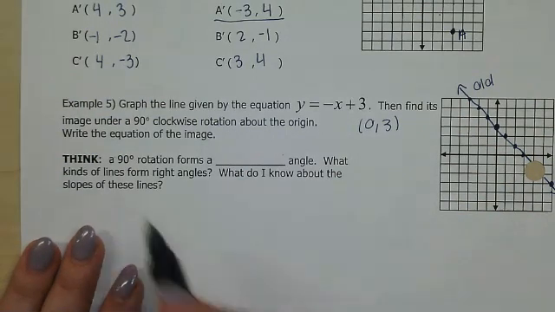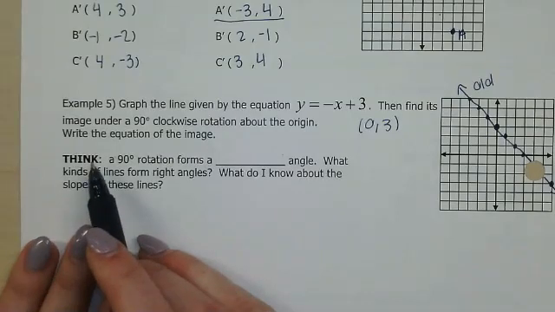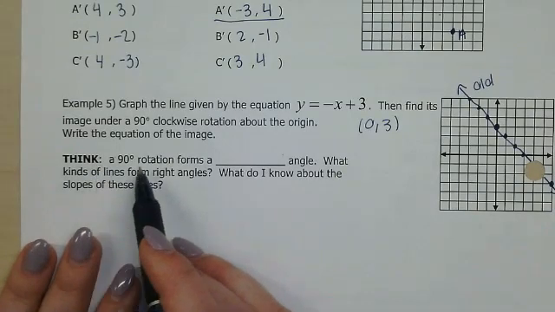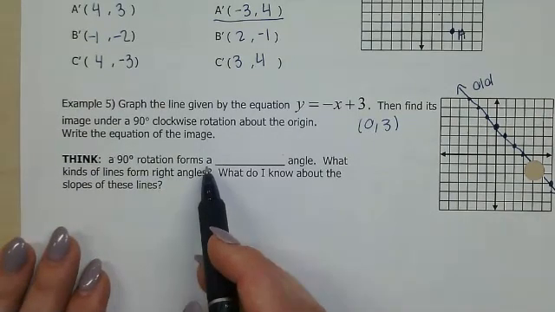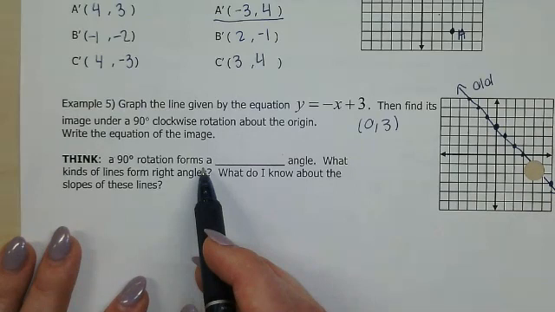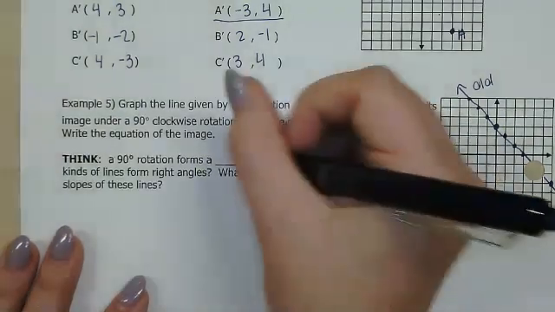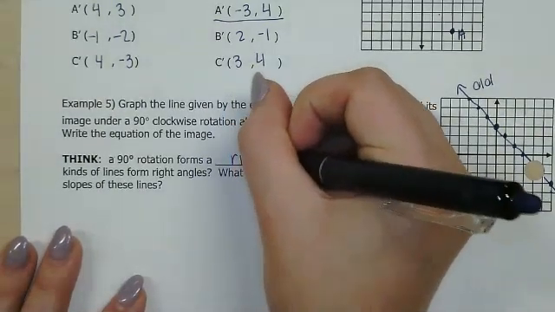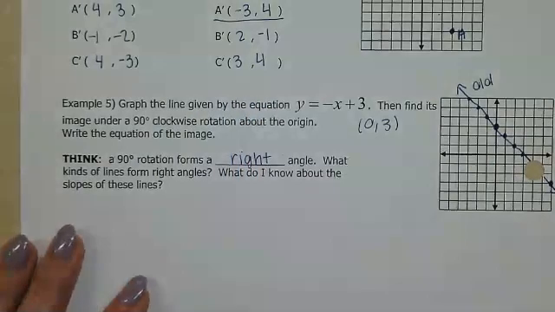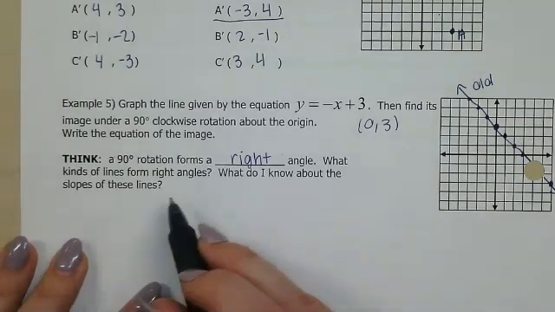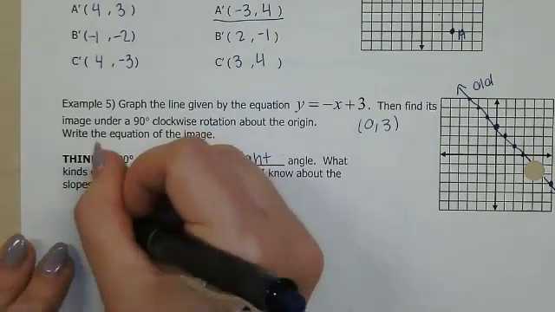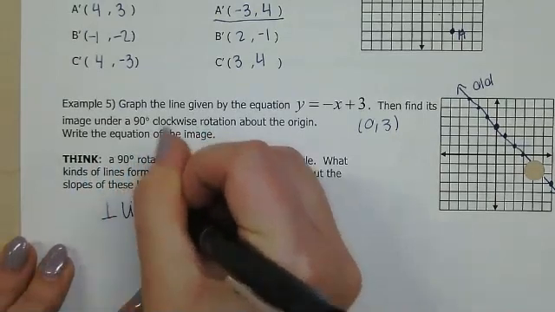All right. So here, before we have to do the whole line, it says, think about this. A 90-degree rotation should form a what kind of angle? A right angle. Good. And what kind of lines form right angles? Perpendicular lines. Okay. So what do I know about the slopes of these lines then, if they're perpendicular?